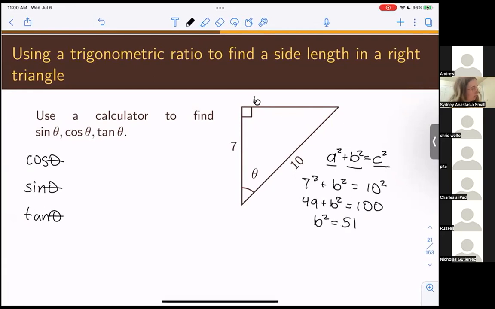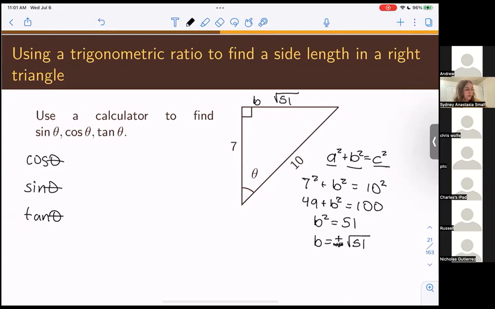Taking the square root of both sides, we see that b is equal to the positive or negative square root of 51. I always put plus or minus in front first because when you're taking square roots, there are always, always, always two answers. However, in this case, we're talking about a triangle that clearly has a positive side length, so we can ignore the negative and just know that b is equal to the square root of 51.